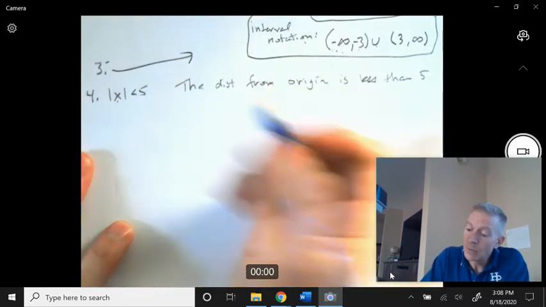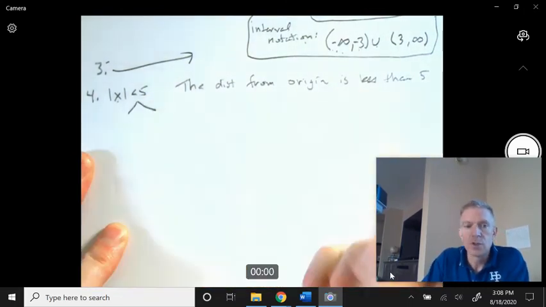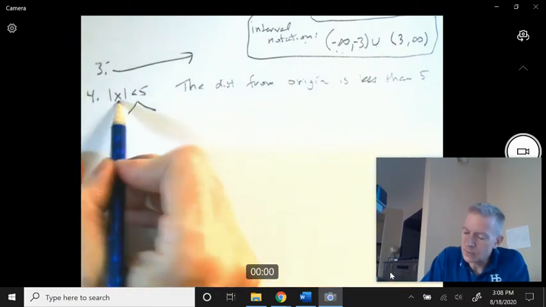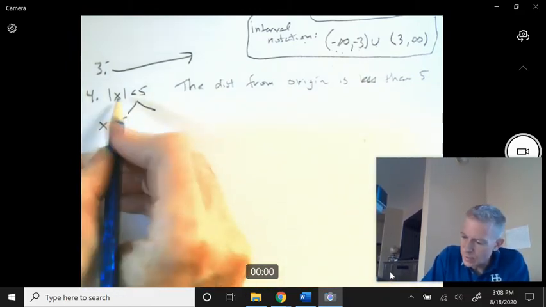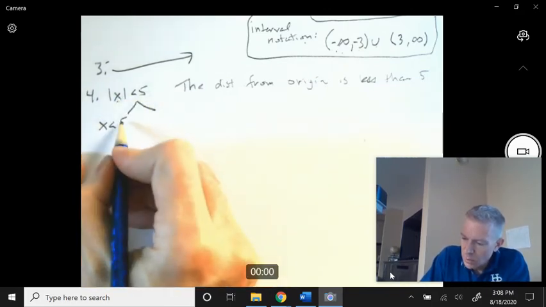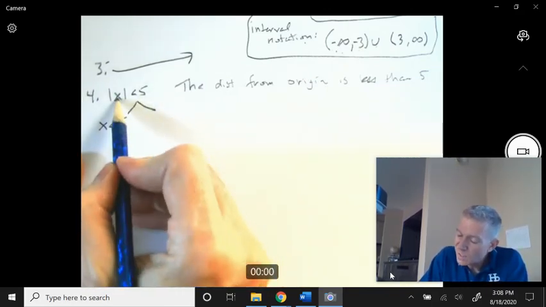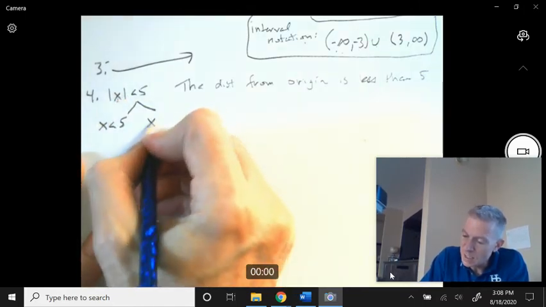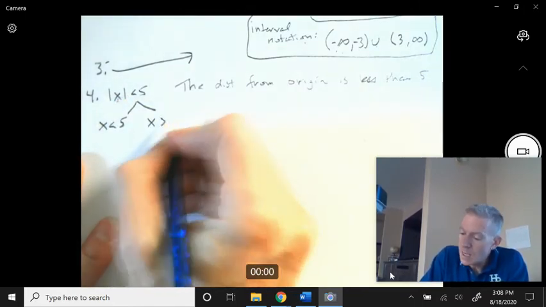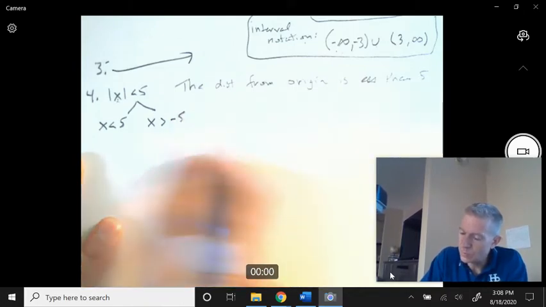Okay? Now, if we're going to split this up into two inequalities without the absolute value, we can say x is less than 5. Notice we got rid of the absolute value and left everything else alone. Or if the x is negative, the absolute value switches the sign. So we're going to say x is now greater than the opposite of 5. We can do both of these things.